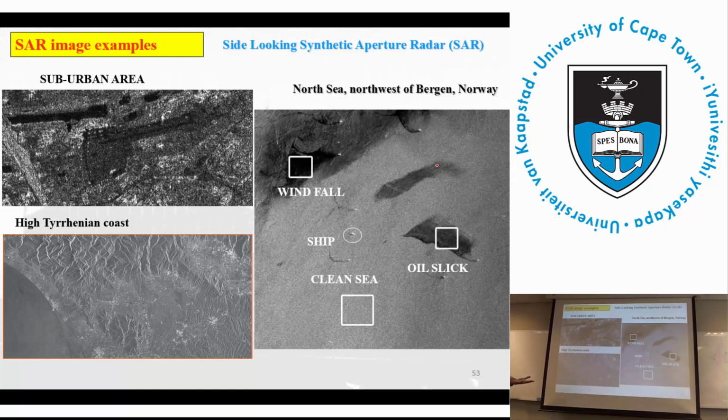A windfall is recognizable against sea clutter when there's wind blowing, because the wind, when it blows over the sea, creates ripples. These ripples usually are comparable in wavelength with the wavelength of the radar. If you use a microwave radar like X-band or C-band, your wavelength is a few centimeters, about the same length as these ripples.